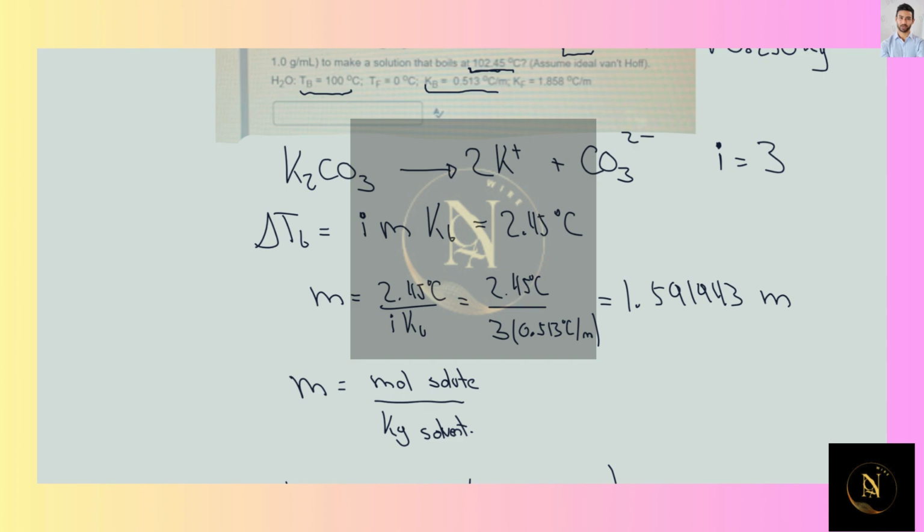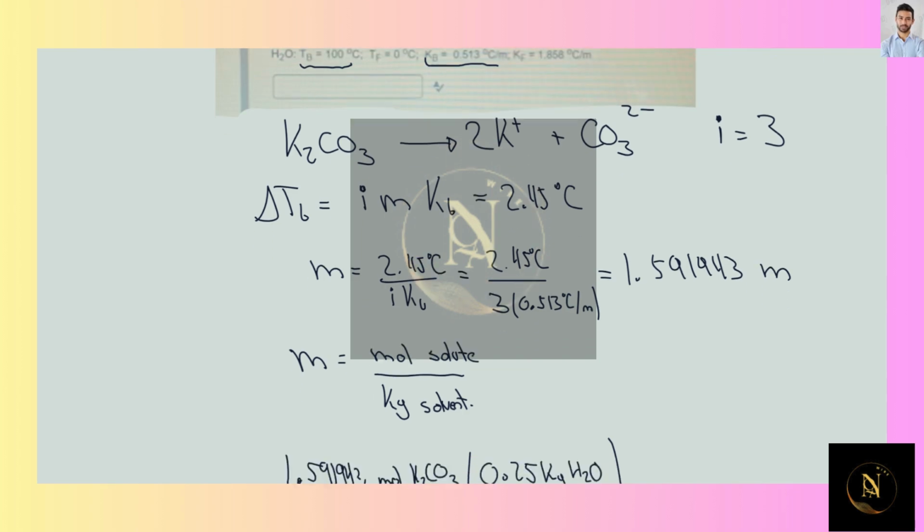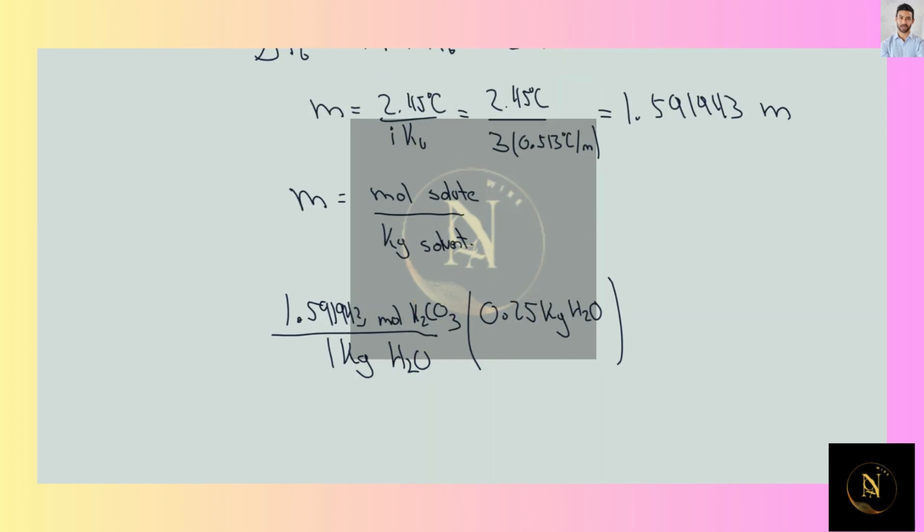So for potassium carbonate, the molecular weight is equal to 138.2 grams per mole. We're going to use this quantity in order to convert the result directly.